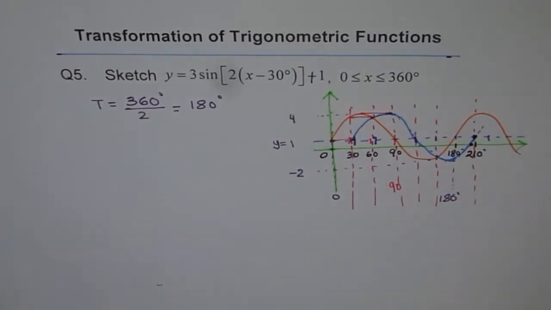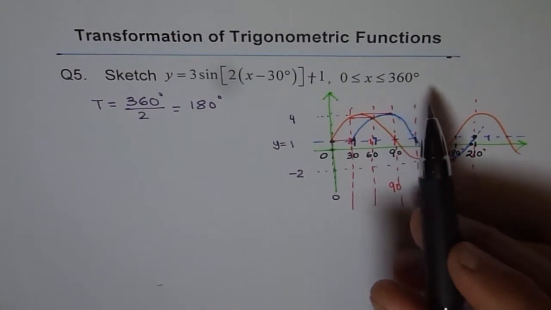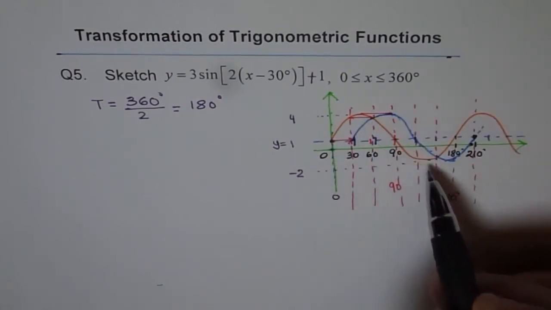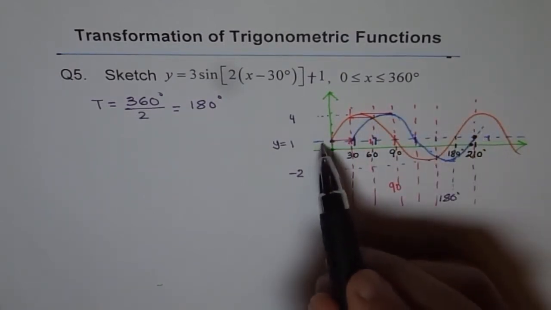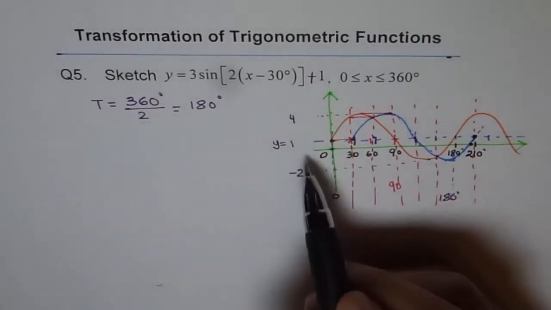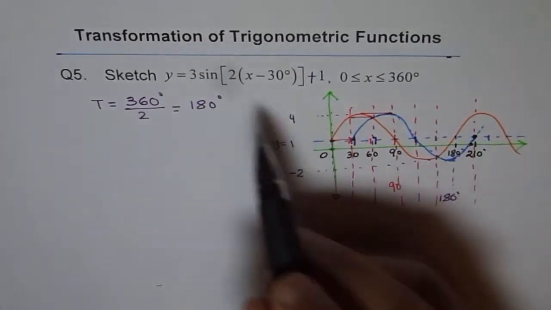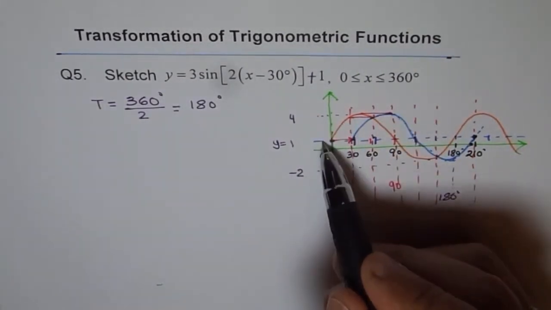Now, second method to draw this is by transforming the points. I hope you understand this, except for that mistake which I made right in the very beginning. But anyway, just to repeat the process, the thing is draw your wave. Then draw your axis, which was +1. So we draw axis at +1, amplitude of 3, 3 up, 3 down.